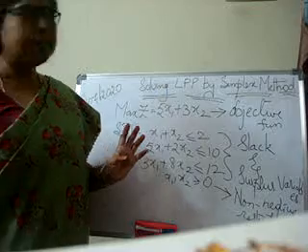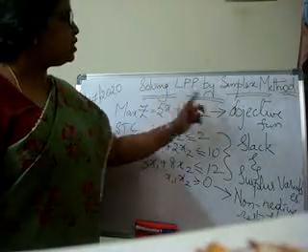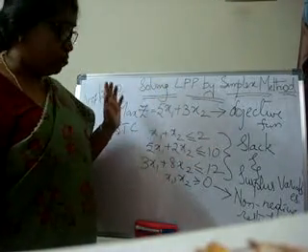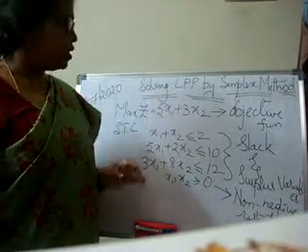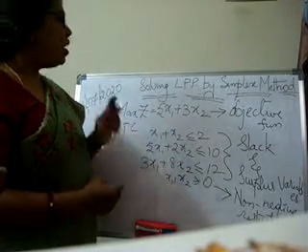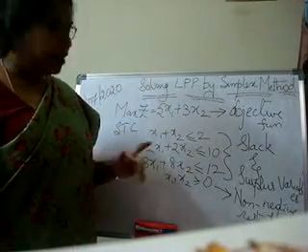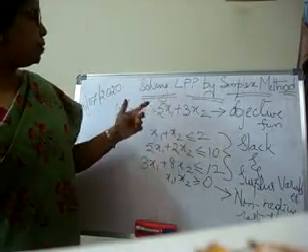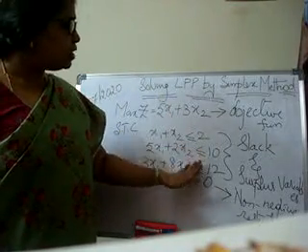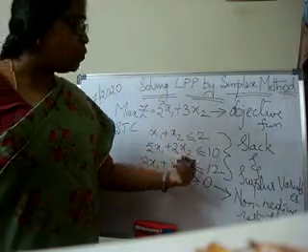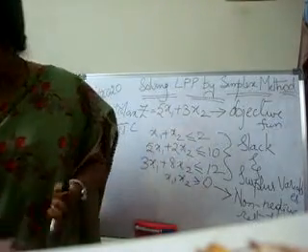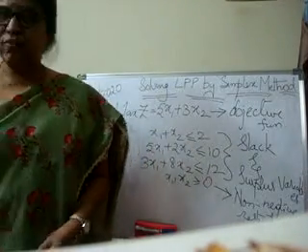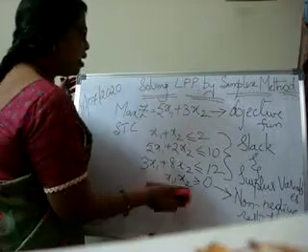So the first step is to convert the canonical LPP form into a standard form. Now how do we do that? As I said previously, to solve the LPP problem, we have to convert the constraint inequations into equations. Let us see how we are going to convert them.